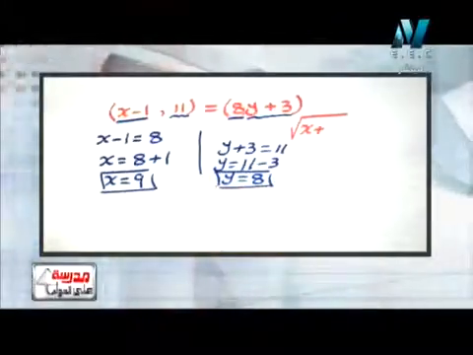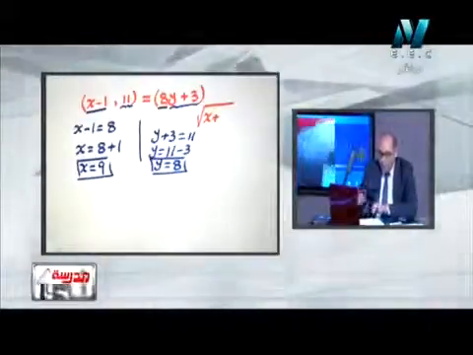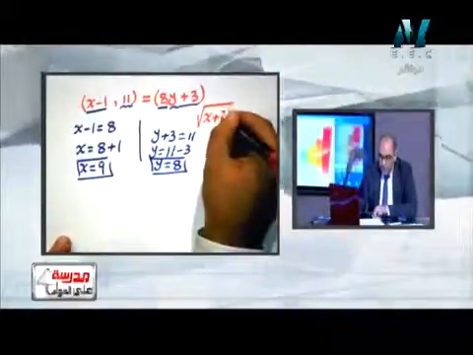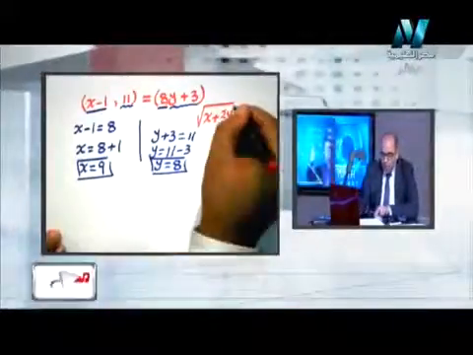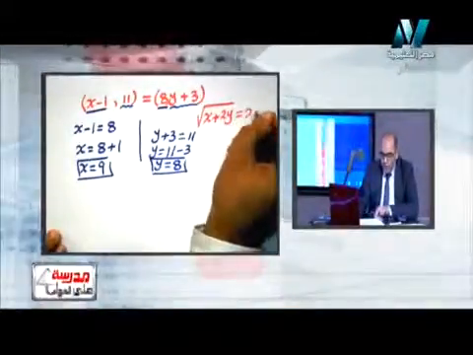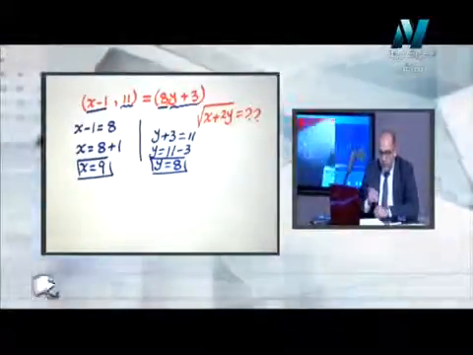Now the final question: we want to find the value of the square root of x plus 2y. What is the value of x plus 2y under the square root?